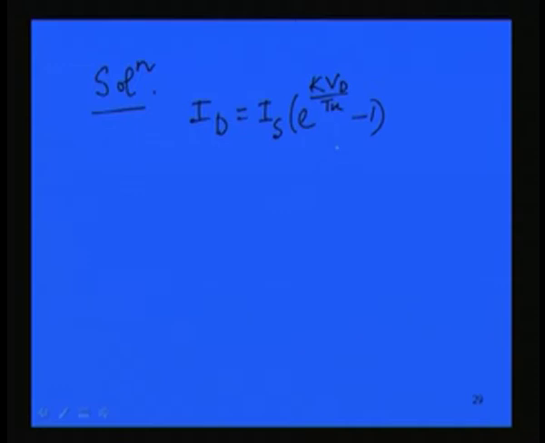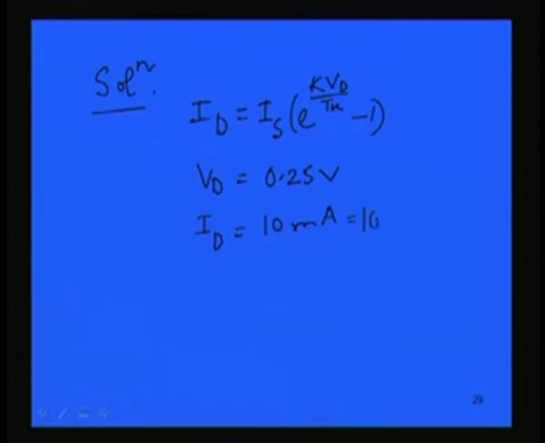Now, in the first part of the problem, it is given that it is germanium and it has a forward voltage of 0.25 volt. So, VD is equal to 0.25 volt, and the current which is flowing, ID, is 10 milliampere.